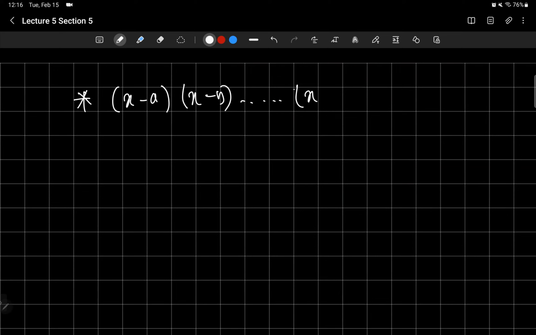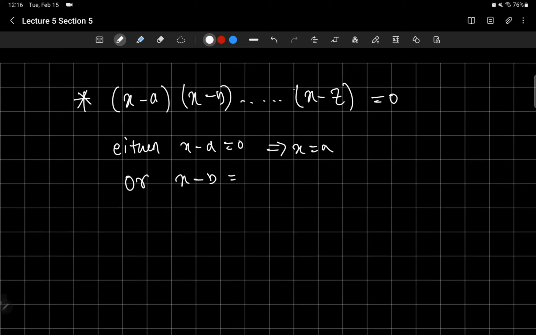Suppose x minus z, এরকম যদি কোনো কিছু ইকুয়ালস টু 0 থাকে, এদের যে কোনো একটা 0 হলে পুরো এক্সপ্রেশনটা 0 হয়ে যাবে, রাইট? সো তুমি তখন বলতে পারো যে আইদার x minus a equals to 0, which really means x equals to a, or x minus b equals to 0, which means x equals to b, and so on. So this is another fact, or another logic, whatever you want to call it. If this is 0 and this means x equals to z.